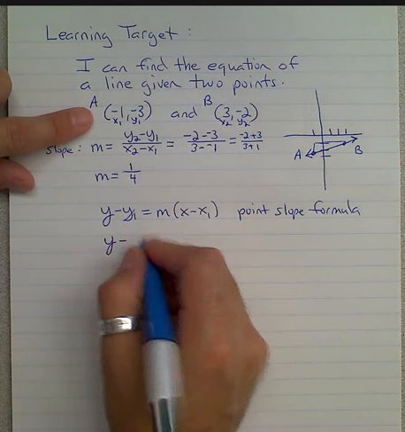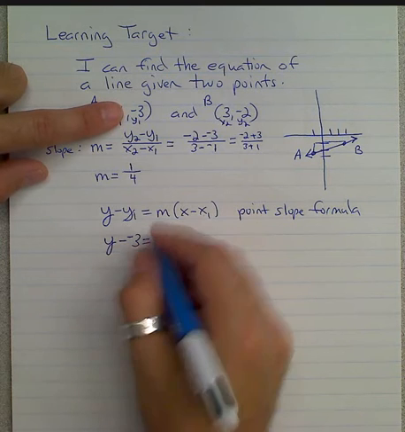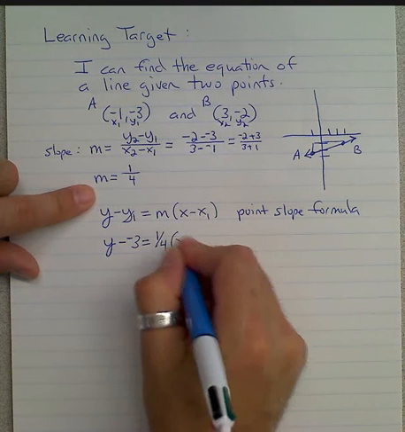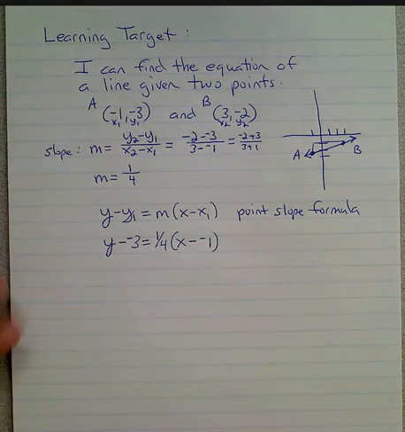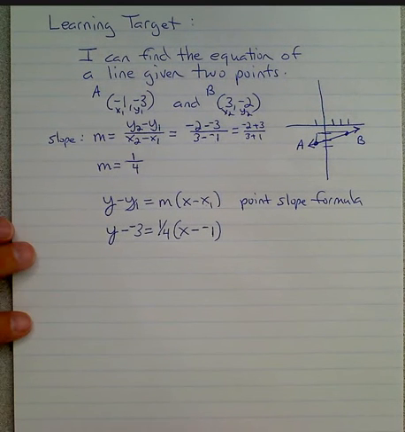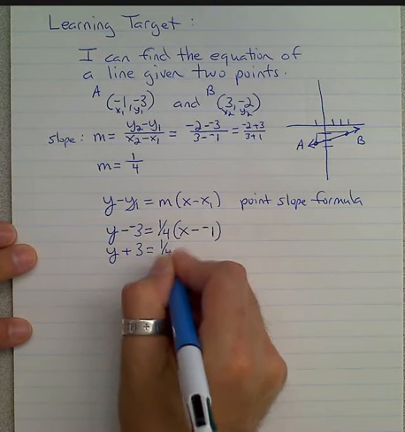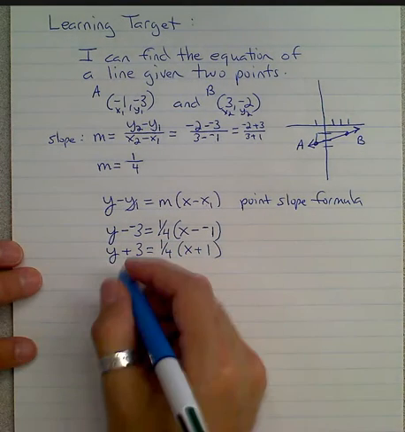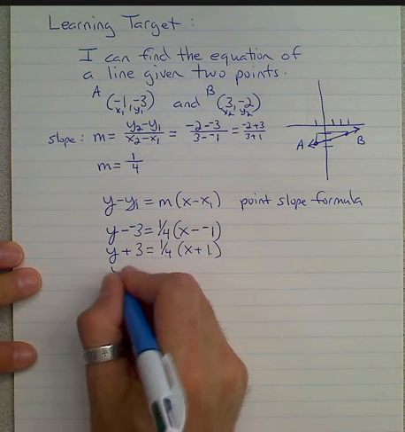We have to be careful, make sure we put the y on the side with the y. The m will be substituted with the slope that we found, and the x with x1. Now I notice that I have a 1/4 that needs to be distributed here.